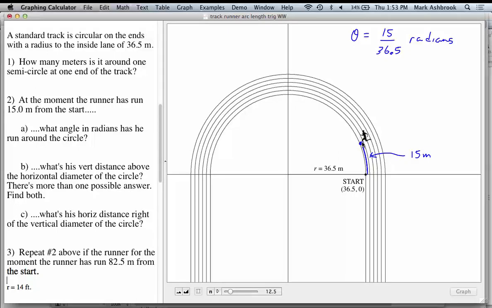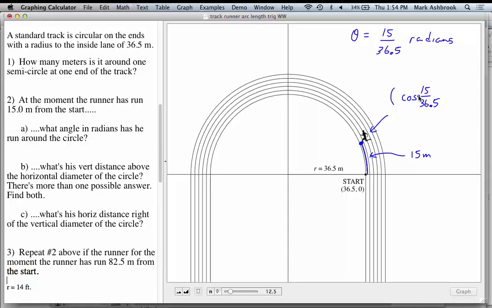And so then what about his coordinates? He's run 15 meters. What are his coordinates at that moment? How can we get the x coordinate? Brian. We do cosine of 15 over 36.5.